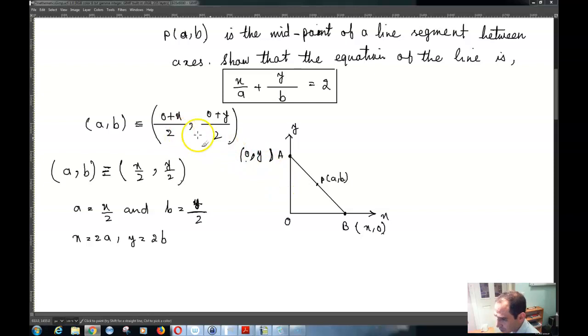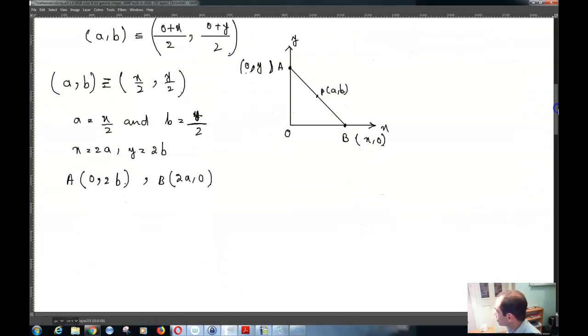Now the coordinates of these points become: one would be 0 comma 2b, and the other would be x, which is equal to 2a, comma 0. And now all you need to do is find the equation of the line going through these 2 points.